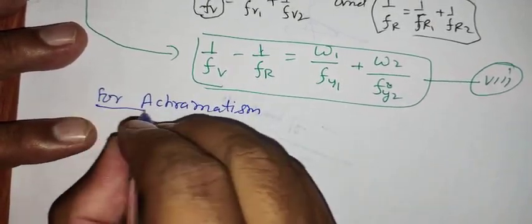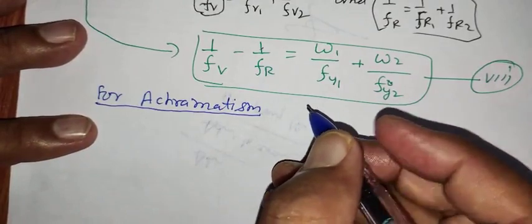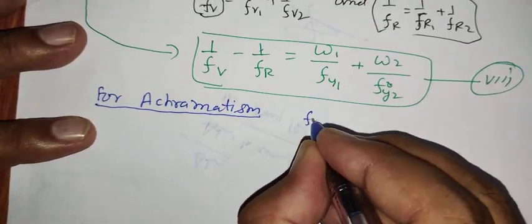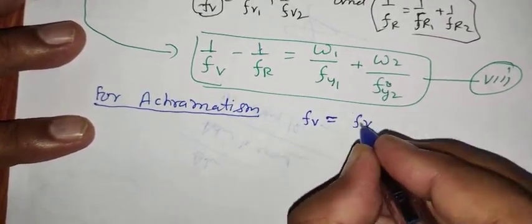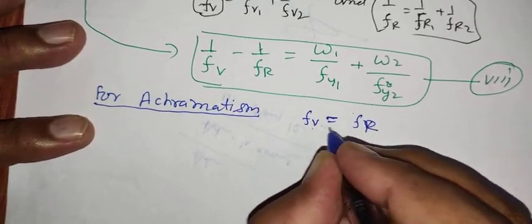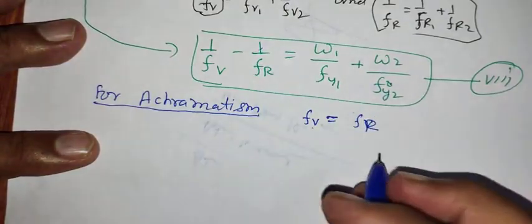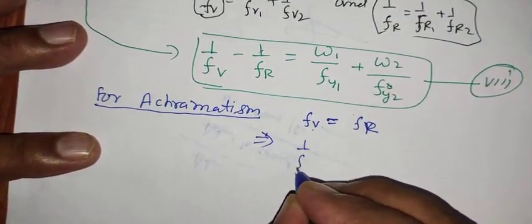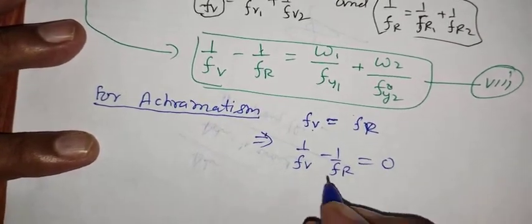Achromatism means to remove the chromatic aberration, the blurred and colored effect of a white object. FV must be equal to FR. So the focal length for all color rays must be the same. If it is the same, then 1 upon FV minus 1 upon FR will also be 0.